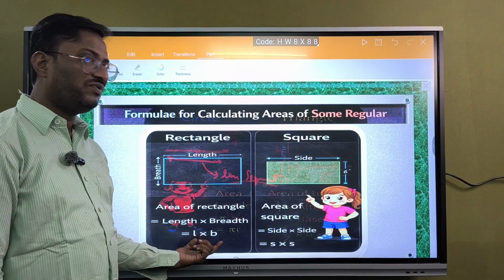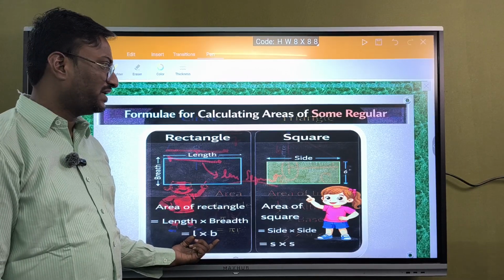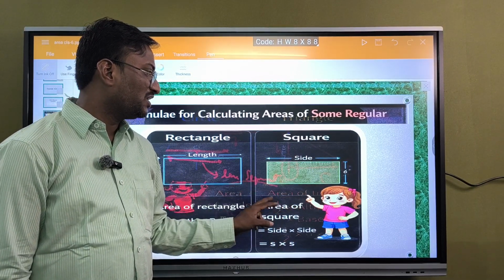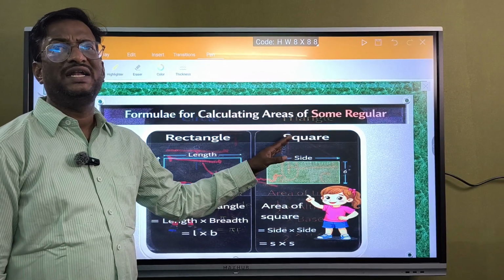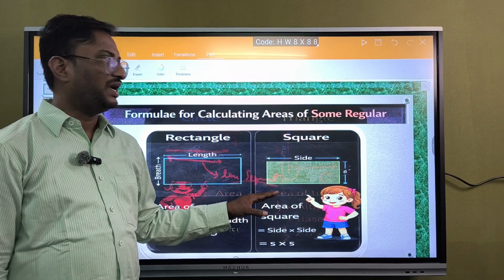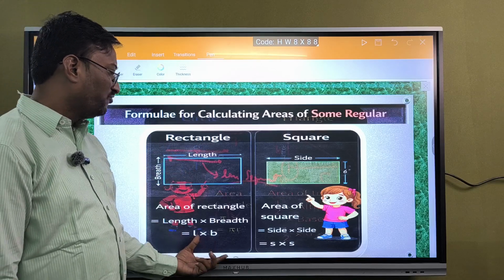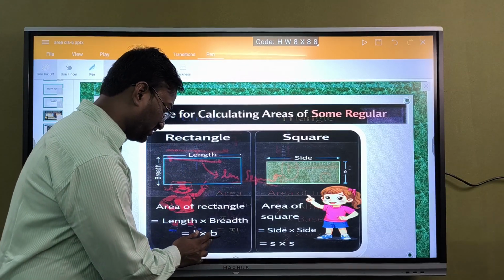So length into breadth will give you the area of a rectangle. In a square all the sides are equal, so side into side. But in a rectangle those two sides are different, that is why we call it length into breadth.